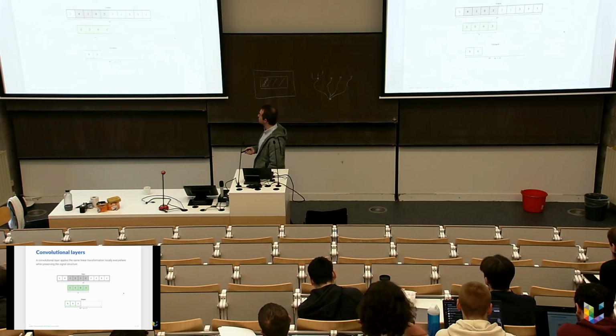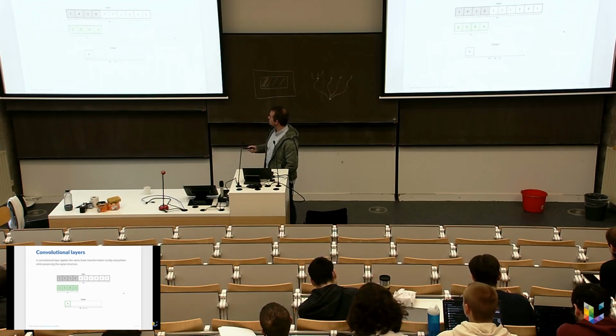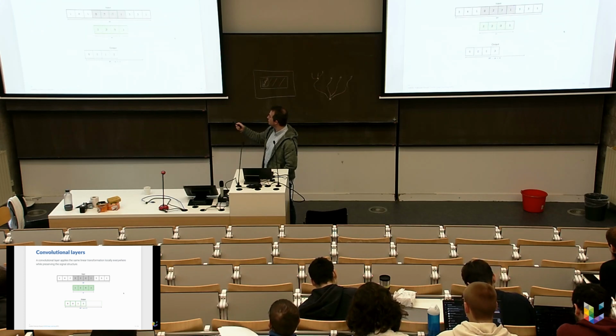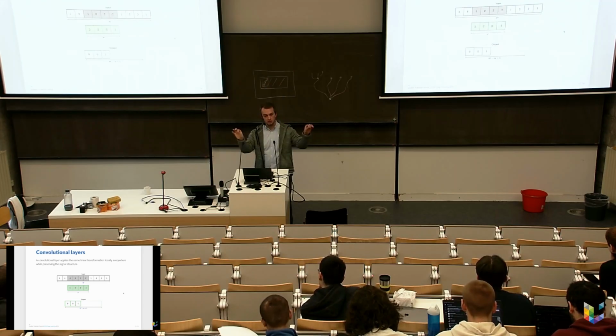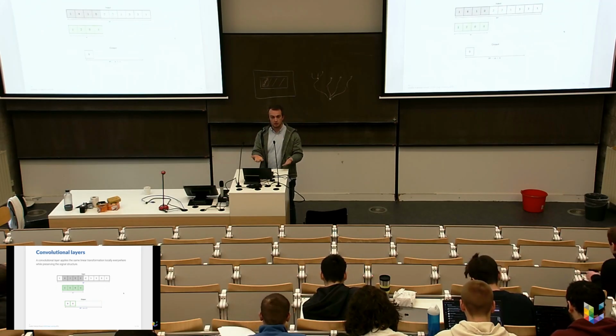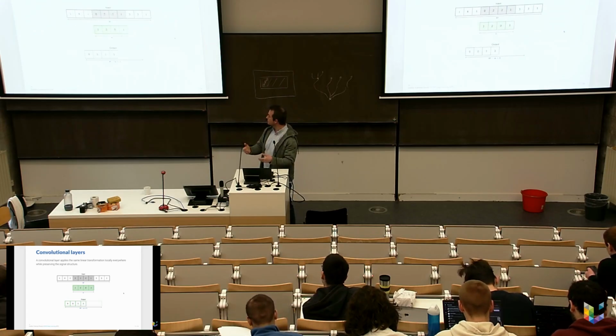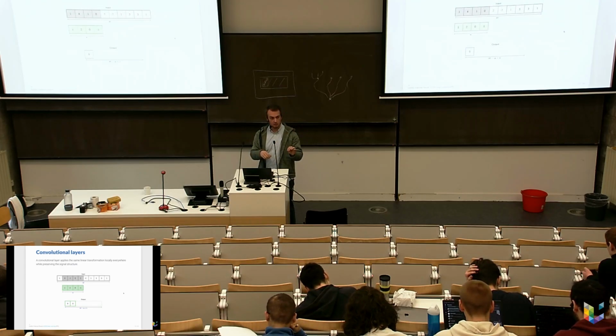So we just do a dot product, which is represented by this green box. And for every possible location, so every possible alignment of the input with this green box, we compute the dot product, meaning we just compute the product of the elements from the input region and the green box.